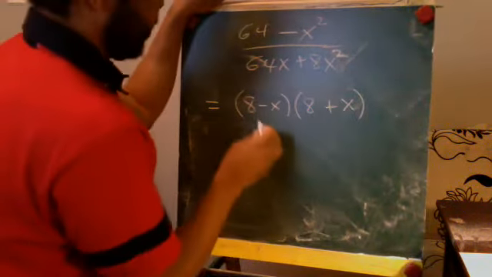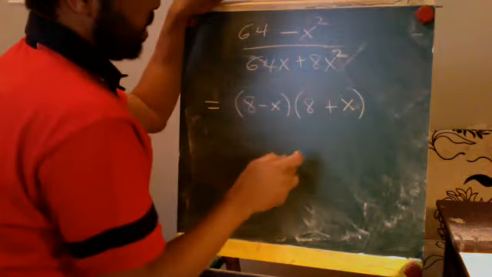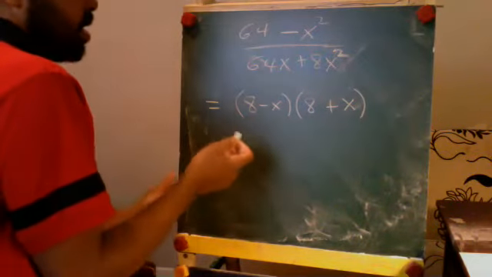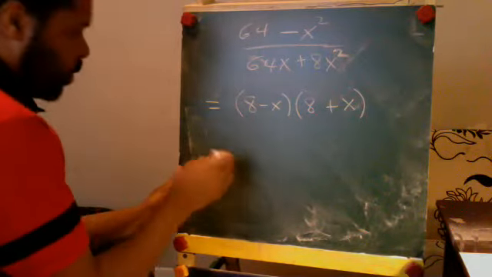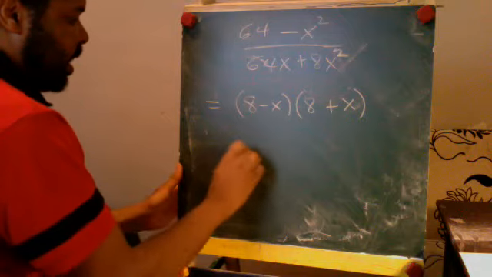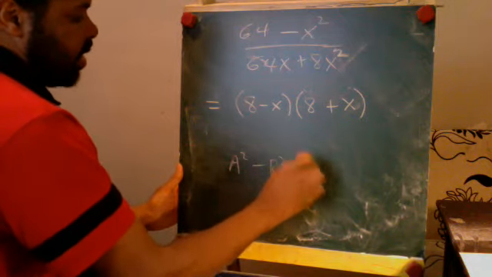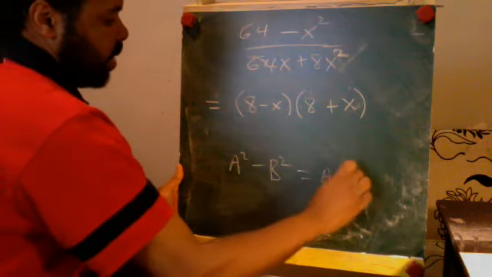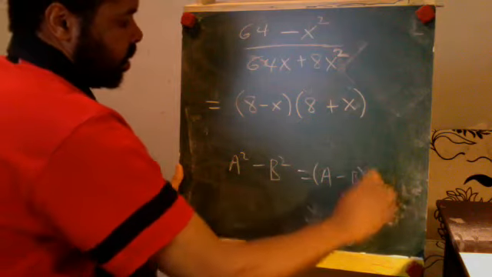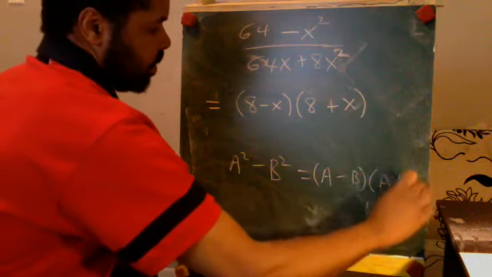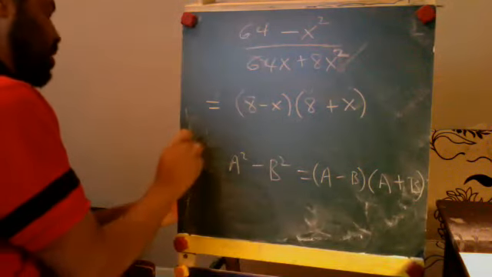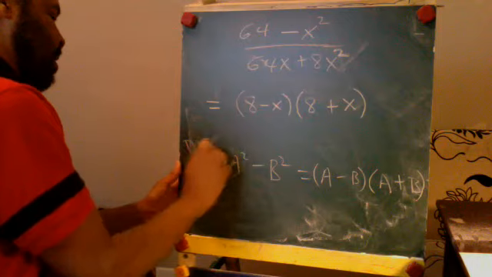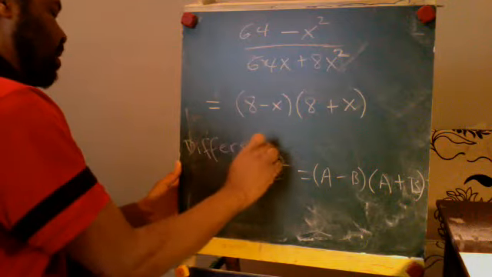Well, if you think of this, it's a difference of squares, right? So the difference of squares tells us that a squared minus b squared is equal to a minus b times a plus b. That's what difference of squares tells us.